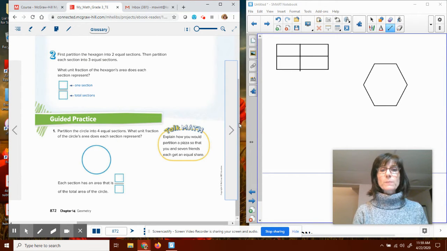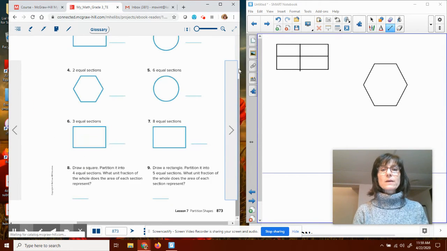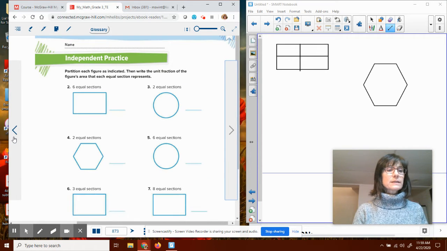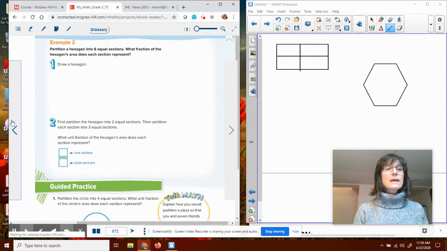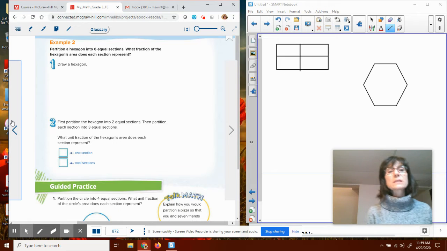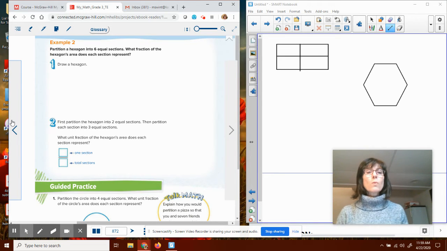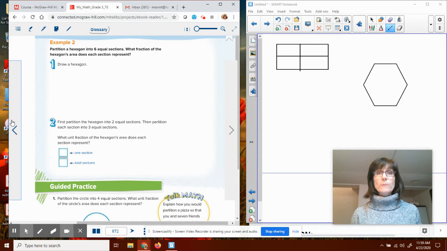On the next page, my friends, we have this. I think I went too far. Partition a hexagon into 6 equal sections. What fraction of the hexagon area does each section represent? Over here, Mrs. Swint has created, I drew up my hexagon, and now I have to make it into 6 equal sections.